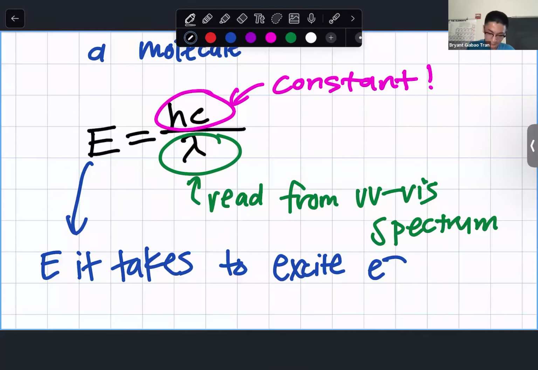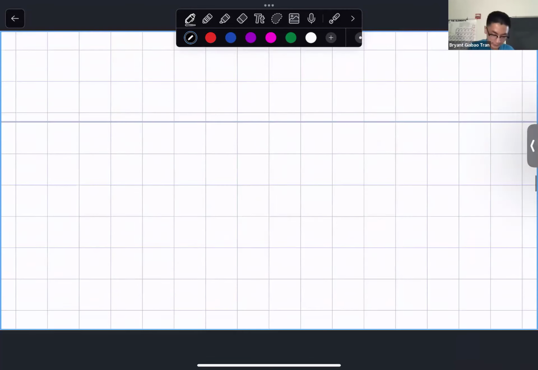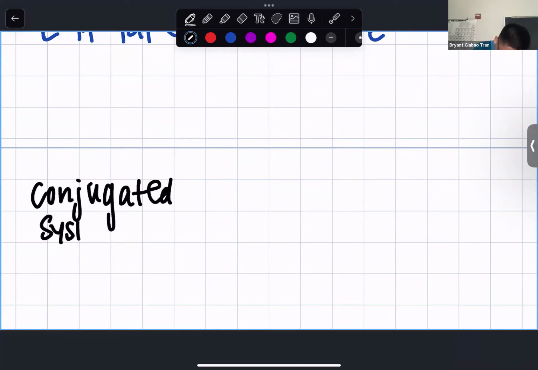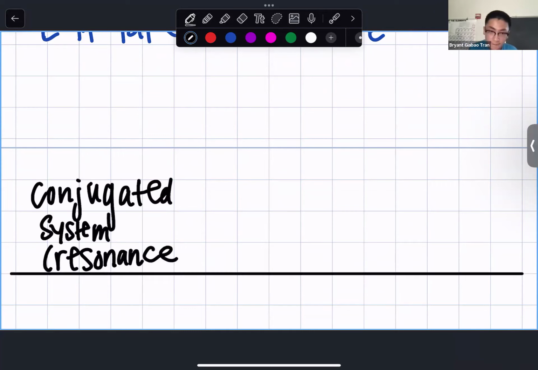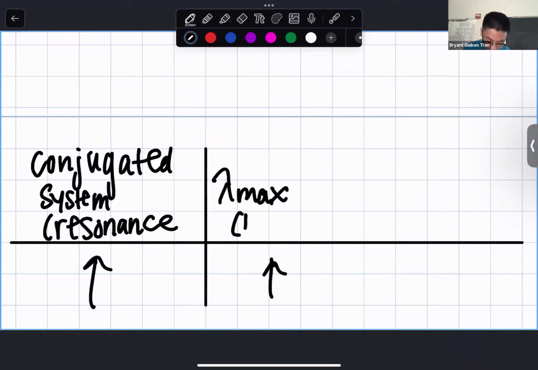Okay. A quick summary for this UV vis stuff is this right here. So let's say you have more resonance, a conjugated system, or you think about resonance. The more resonance that that system has, the higher wavelength it can absorb, in the units of nanometers.